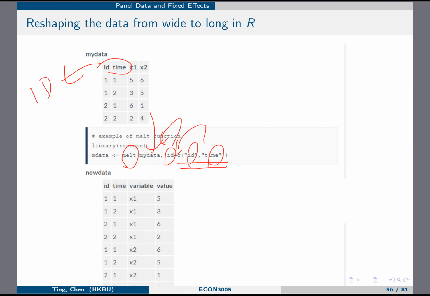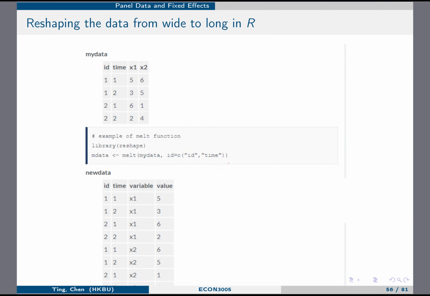And then we map this data to generate a new data called m data. You can see this is a new data this command generates. The ID and time are the same as before. We have four combinations, but now we also have the variable.